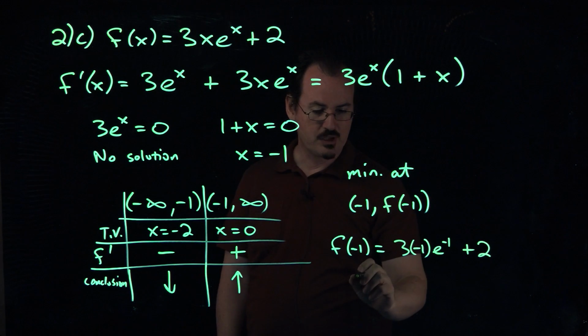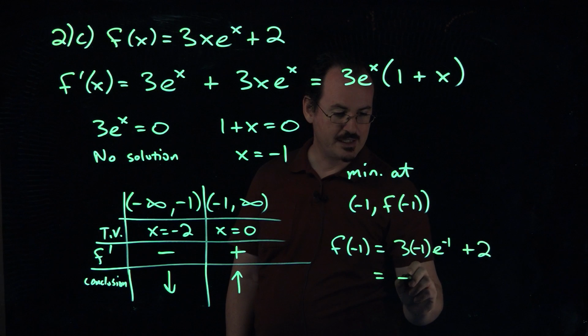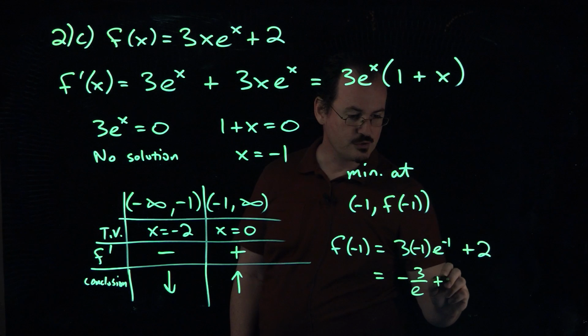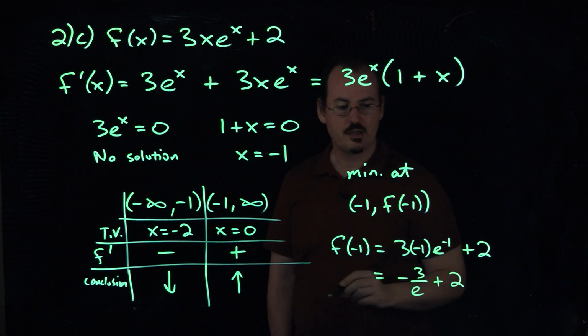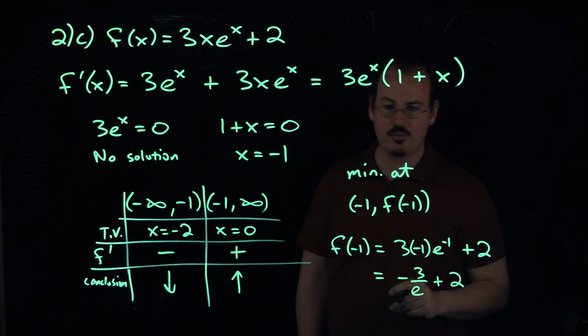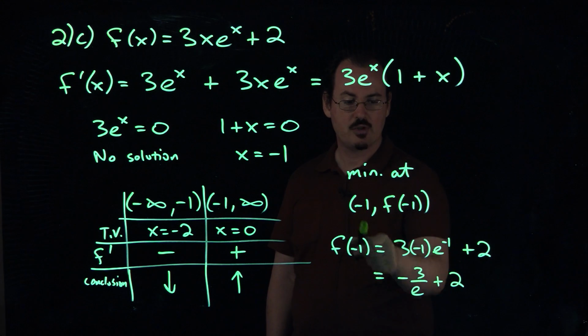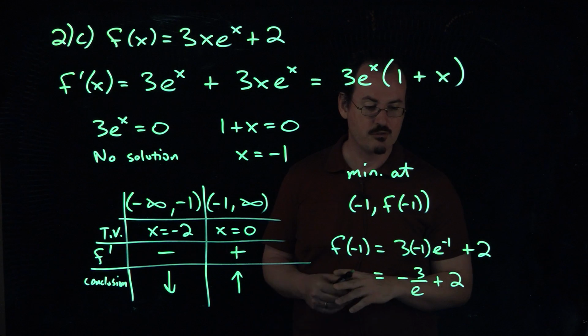So that e to the -1 just means it's in the denominator, so we'll have a -3 over e to the first power plus 2. So there's our y value for the minimum. Okay, so now we have the exact location of the minimum, -1 and -3 over e plus 2.